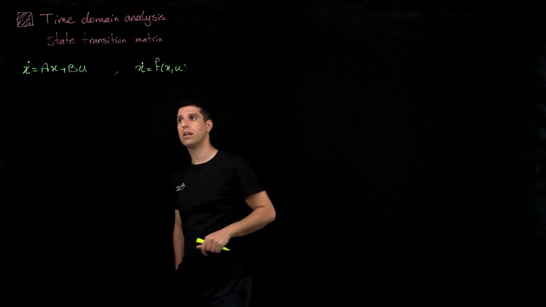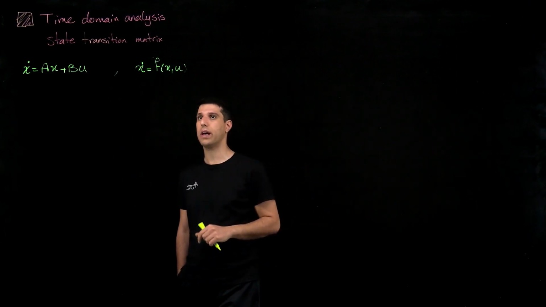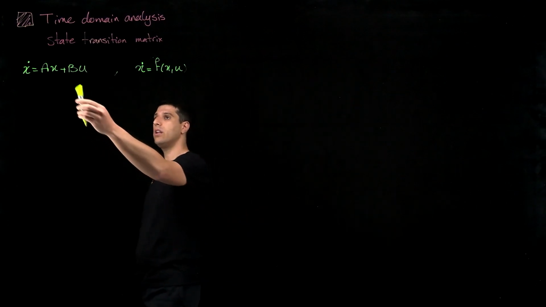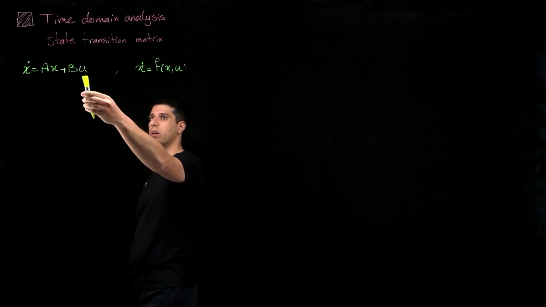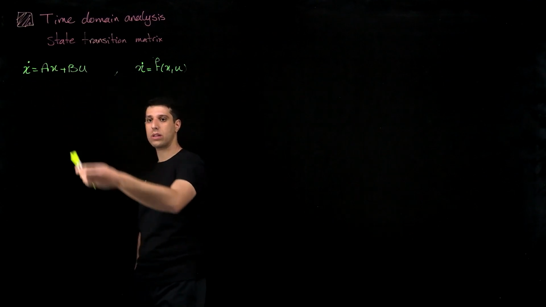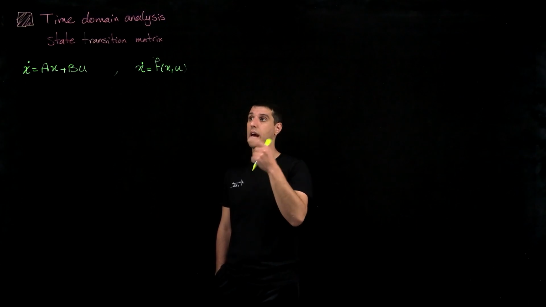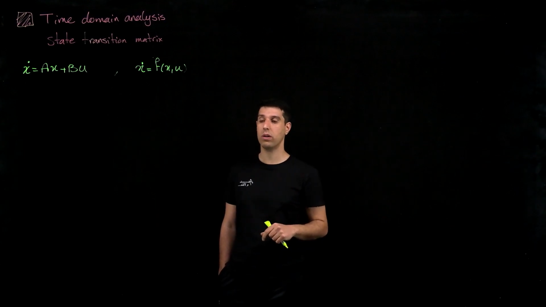These equations are extremely well suited for numerical analysis. So if I know my current x and my current u, equivalently here, I can very easily calculate the derivatives of all the state variables and use any kind of numerical integrator.